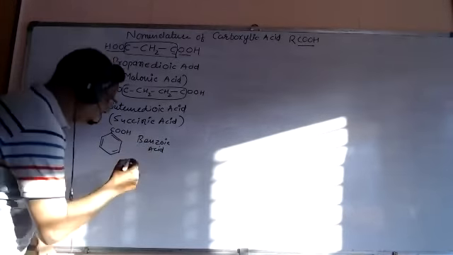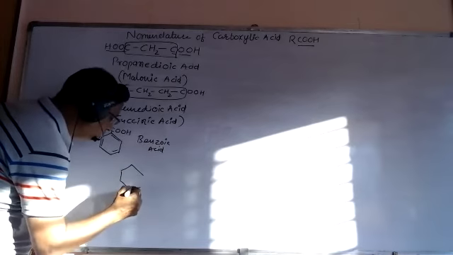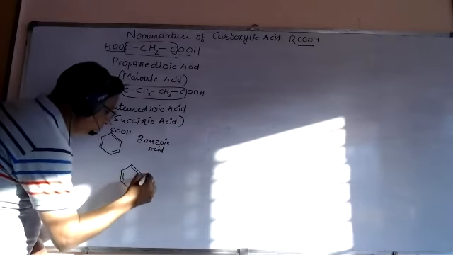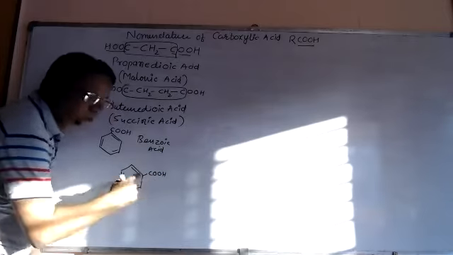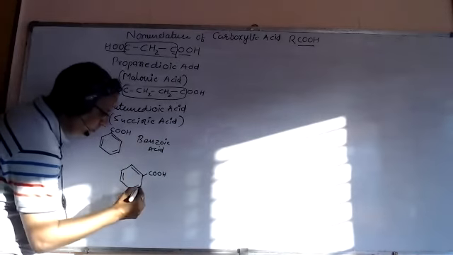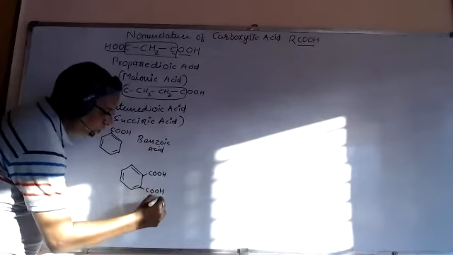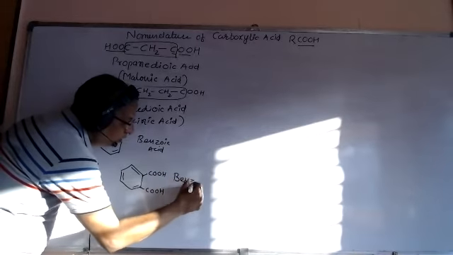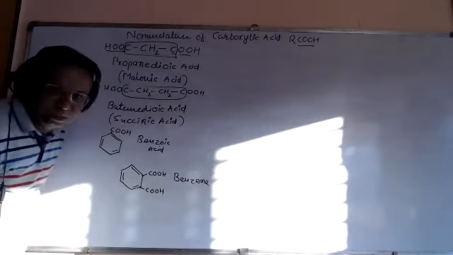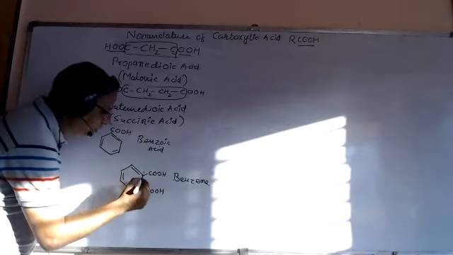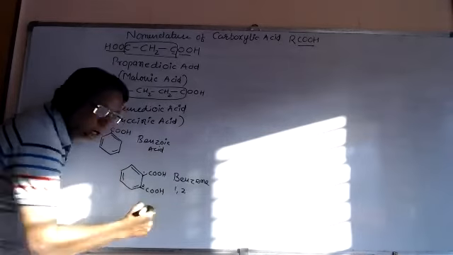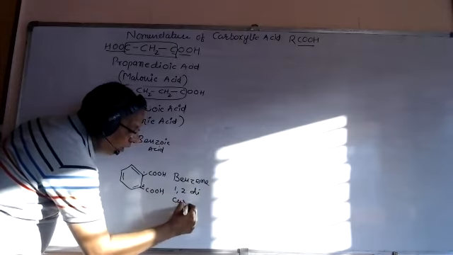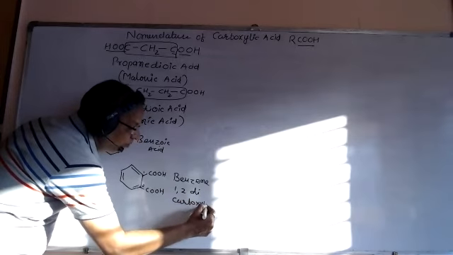Then what happens if more than one COOH is present in the benzene ring? So it's very important. COOH 1 time and this is COOH 2 times. This is benzene, the complete one. Then first carbon is this and second carbon. So 1, 2, and then dicarboxylic acid.